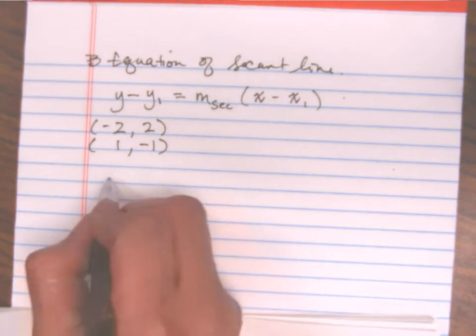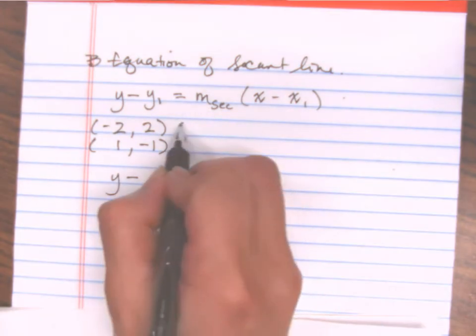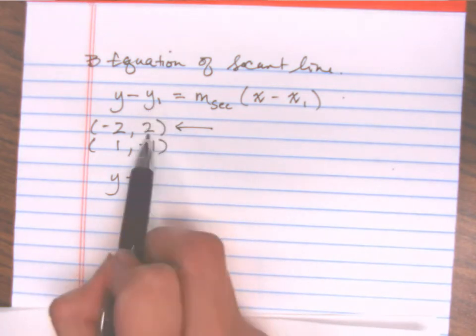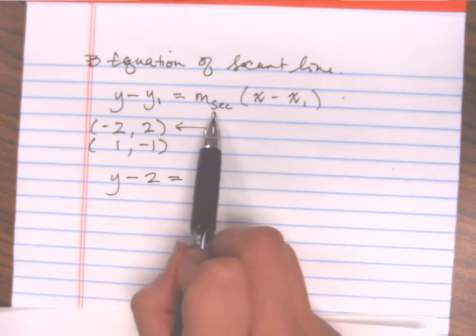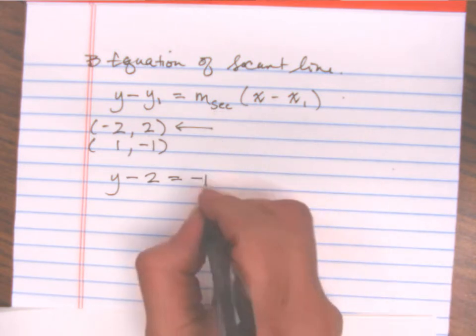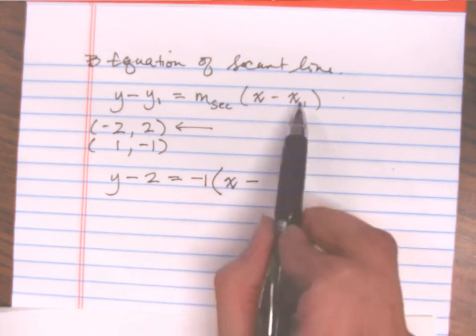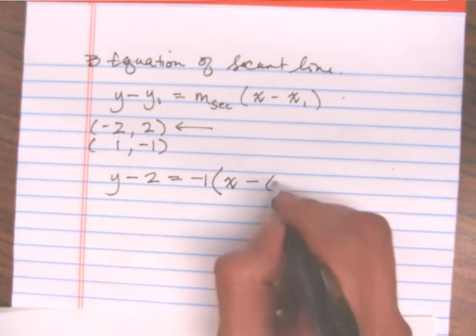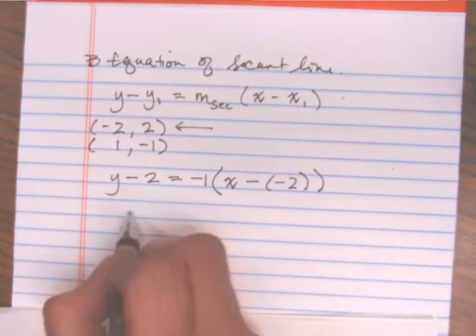So let's do y minus, we're going to start with this one. Let's do this one. y1 here then would be +2 equals, my slope we found was -1, and we're multiplying that to x minus x1, and x1 here would be -2, so I have minus a -2. Okay, let's simplify that down a little bit more.